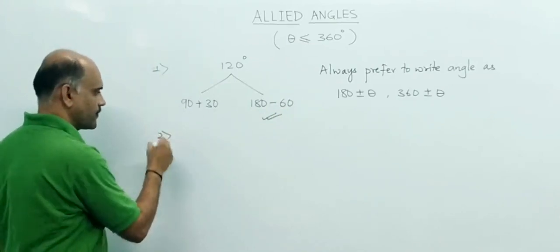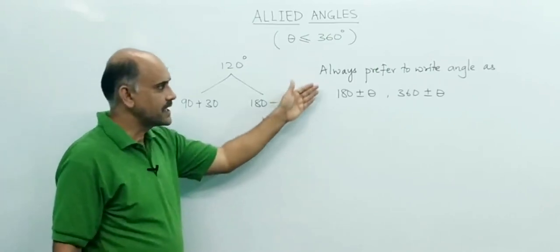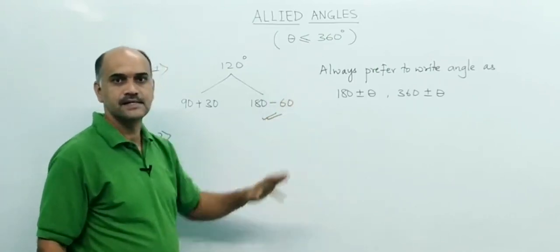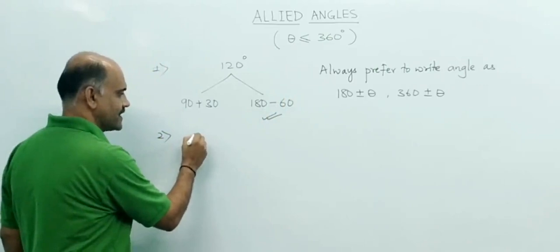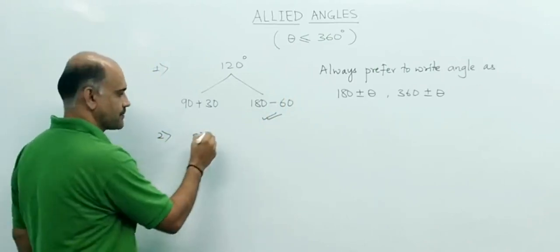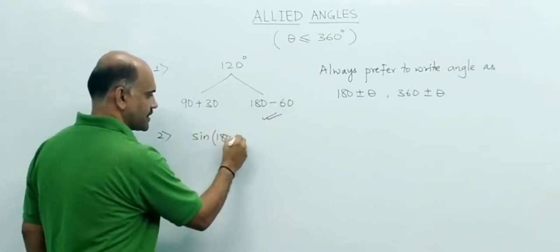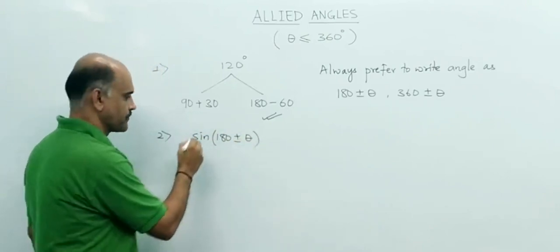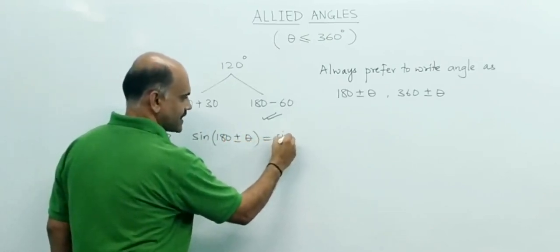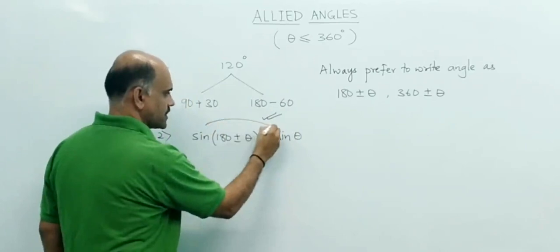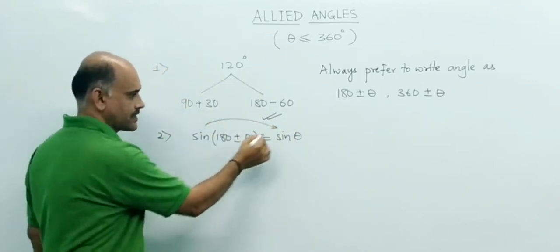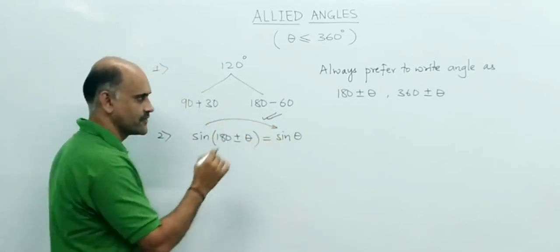Second, when you write it as 180 plus or minus or 360 plus or minus, the function will remain the same. For example, if you are writing sin 180 plus or minus theta, this sin will remain as sin. It may be plus or minus, that we will see.